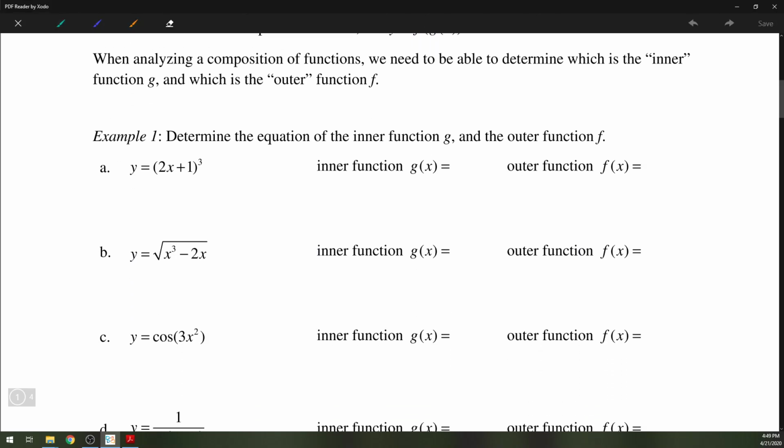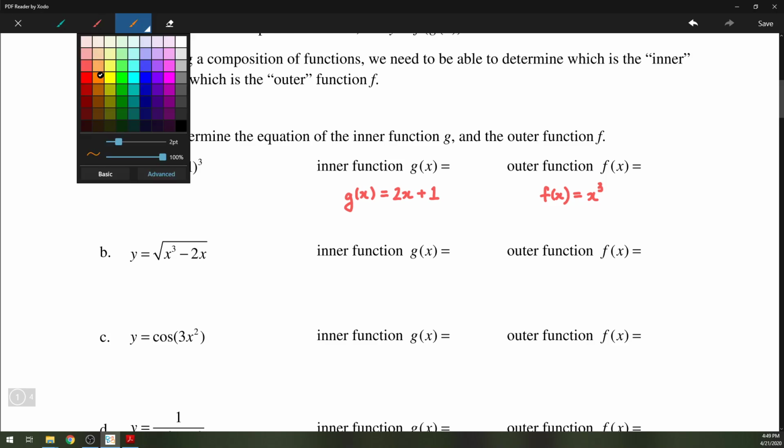So we're given y equals 2x plus 1 cubed. Even the way that is stated, it makes it pretty easy to recognize which one is the inner function. The inner function is just going to be 2x plus 1. The outer function is the fact that the function is cubed afterwards, so this would be f of x equals x cubed.